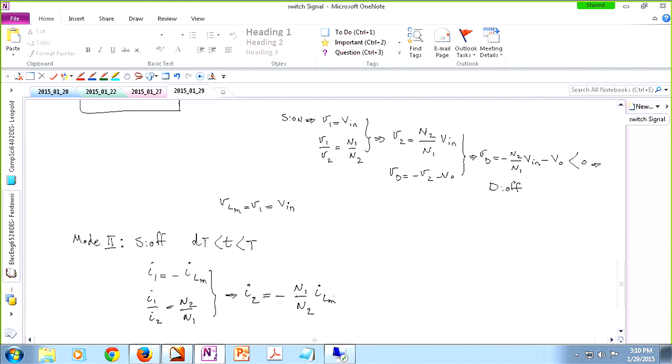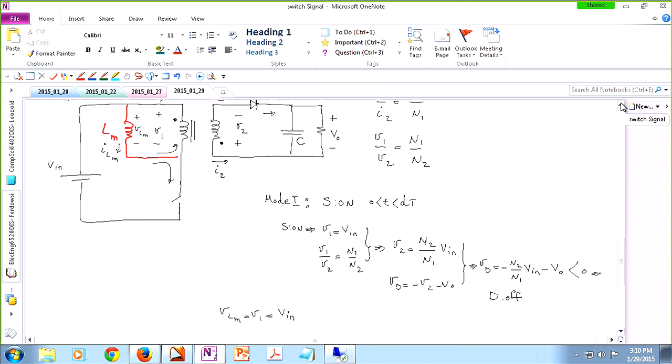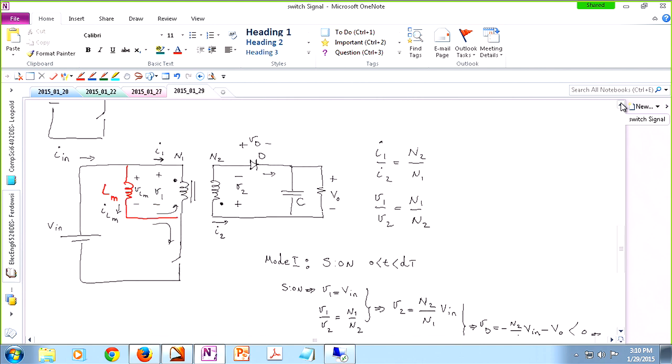So I2 is negative. What happens to the diode if I2 is negative? Remember I2, which is this current, is opposing ID. I2 is flowing from top to bottom, ID is flowing from bottom to top of the secondary side. They are opposing each other.